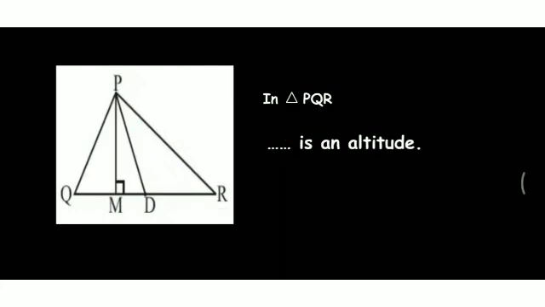The next question is, dash is a median. Can you name which will be the median? Yes, correct. It will be segment PD, because what is a median? The median joins the vertex to the midpoint of the opposite side.